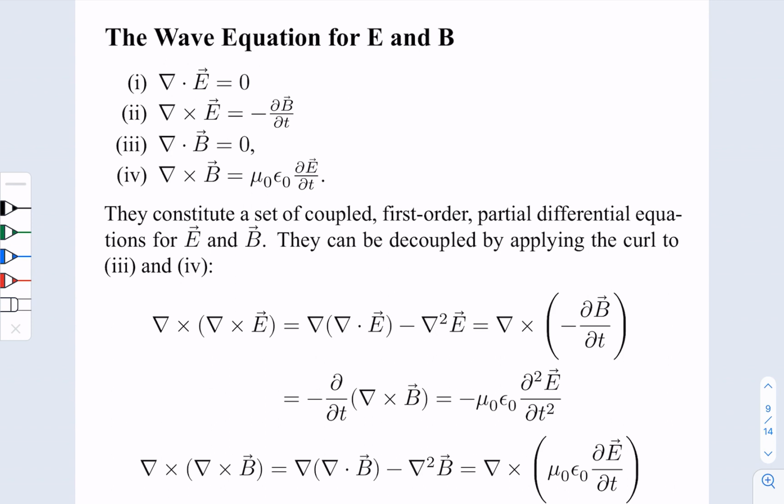So now let's see how the electromagnetic wave equation can be derived from Maxwell's equations. We simply rewrite Maxwell's equations here in the case where there is no source.